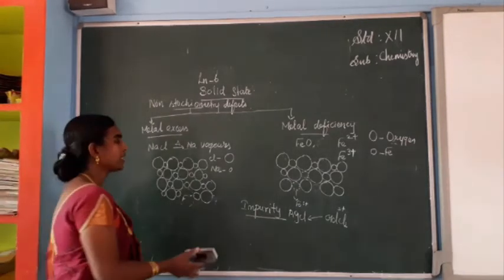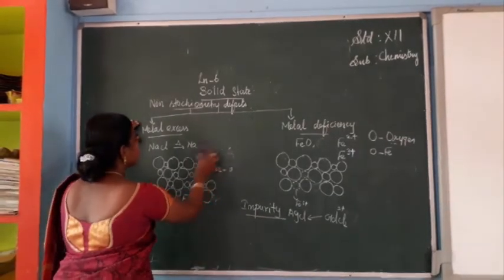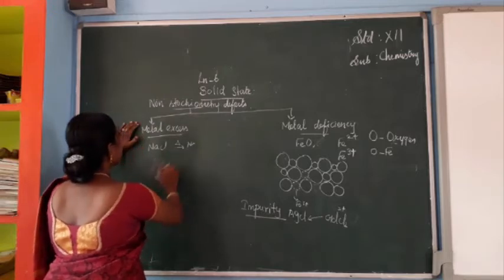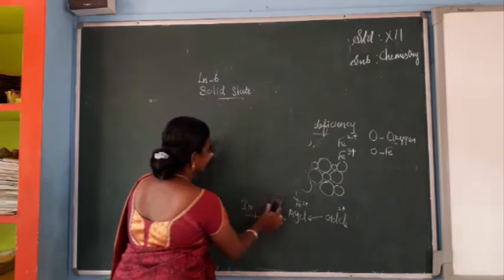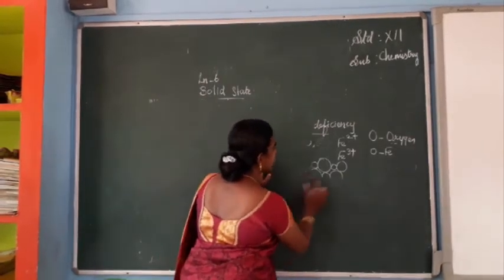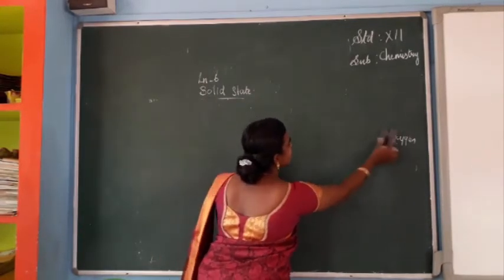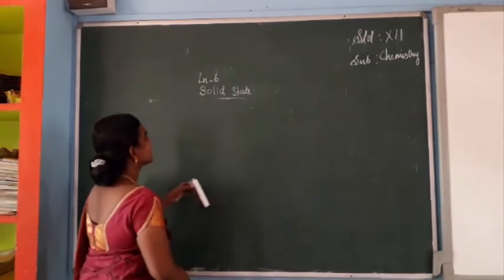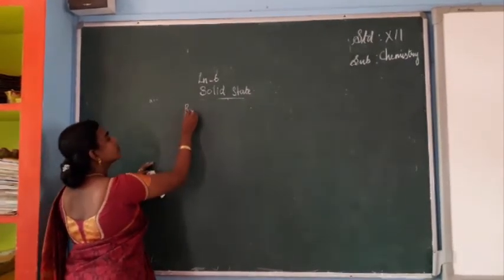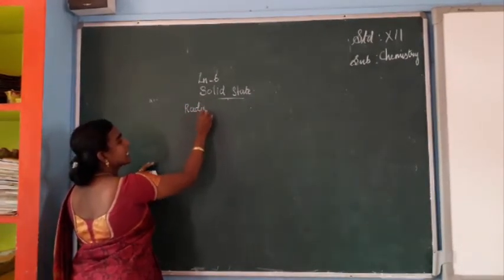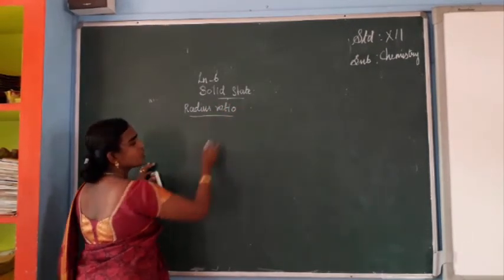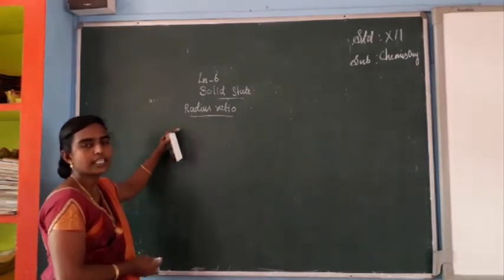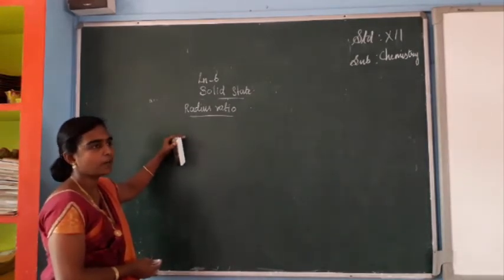One more topic: radius ratio. The radius ratio of cation and anion is useful for determining the structure of the compound.